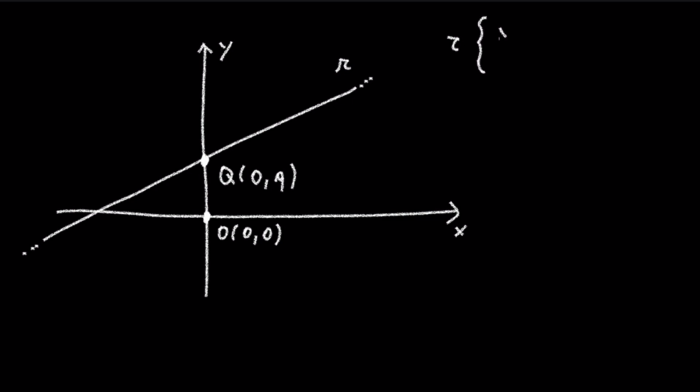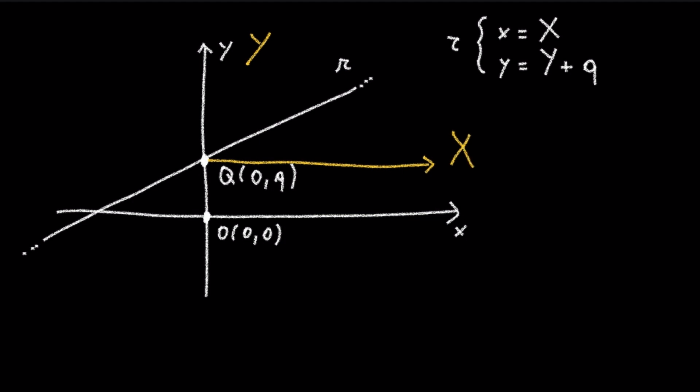Therefore, tau moves x to capital X and y to capital Y plus Q. This is capital Y and this is capital X. And let tau to the minus 1 be the reverse translation.